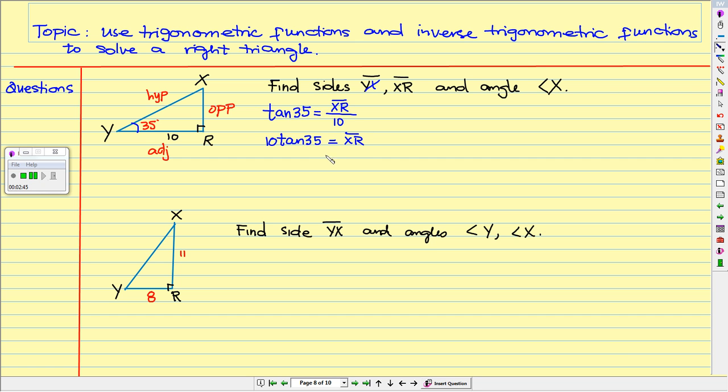Now use your calculator, and make sure the mode is in degrees, because the given angle is in degrees. You should end up with about 7. So therefore XR is about 7.